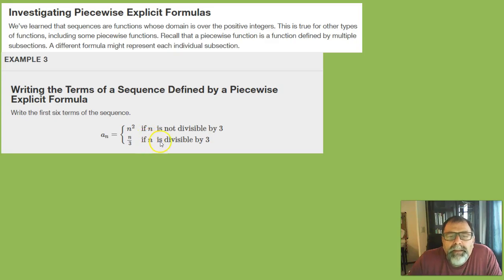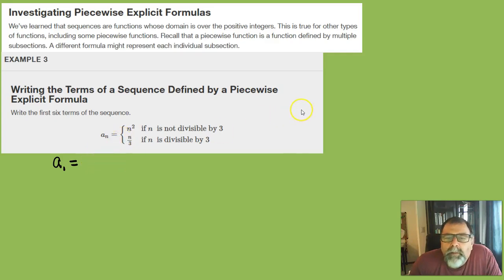If n is divisible by 3, you're going to use n divided by 3. So if you can get a whole number when you divide by 3, you divide it by 3. If not, you square it. There are 2 cases depending on what the input value is.